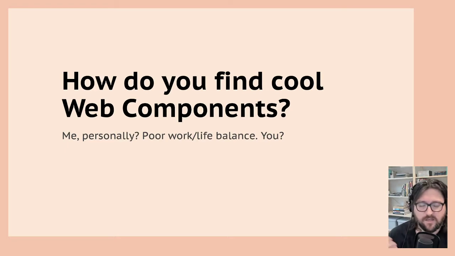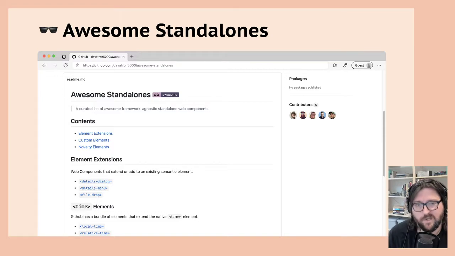I hear you saying, hey Dave, how do you find these cool web components? Well, me personally, I have very poor work-life balance, so I just look for stuff on the internet all the time. But you can use this little website I made to collect those, called Awesome Standalones. Standalones is a term that no one uses, but it's my way of saying something you can use without a framework.